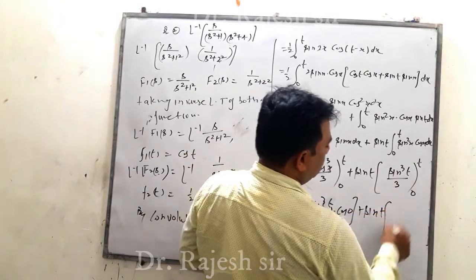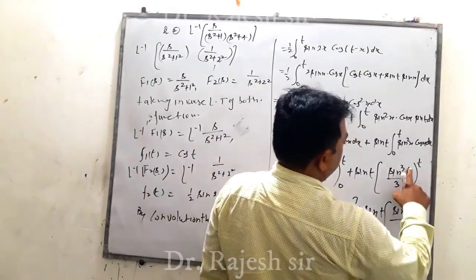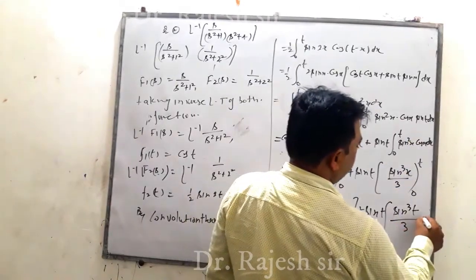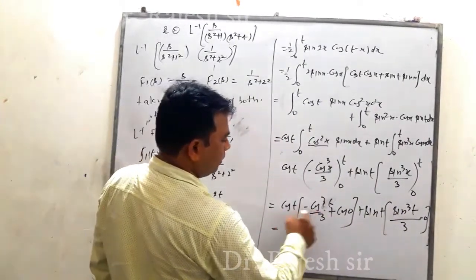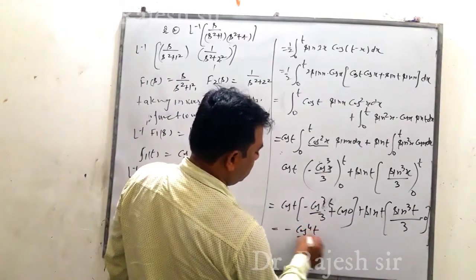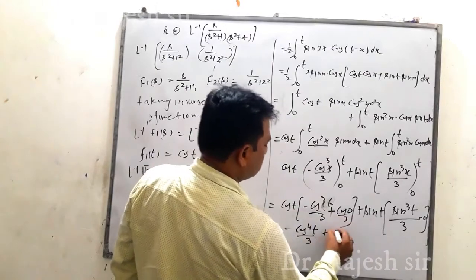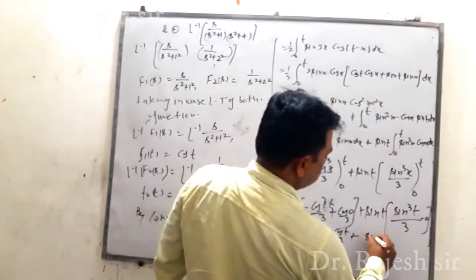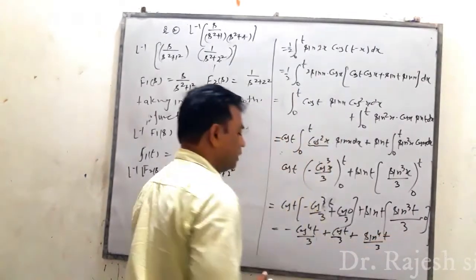Sin t, applying limit sin cube t upon 3 minus 0. Now multiply this function: minus cos t to the power 4 upon 3 plus cos t upon 3 and sin to the power 4 t upon 3.